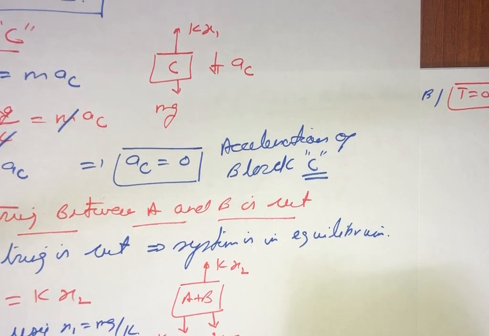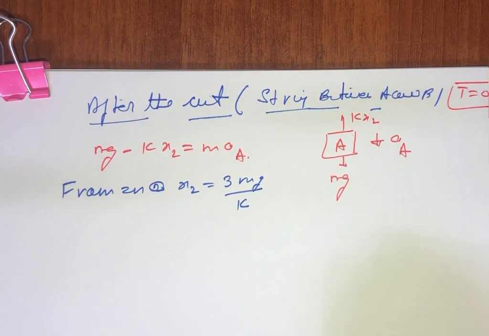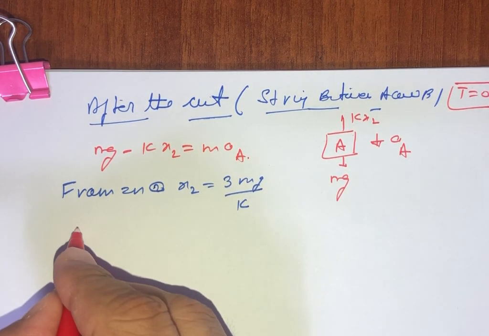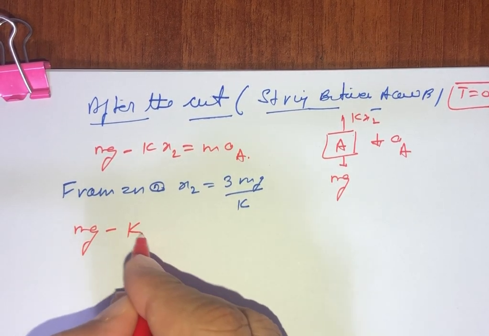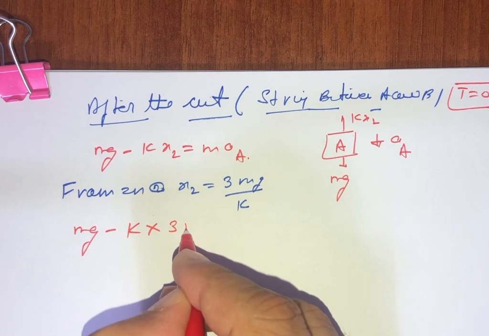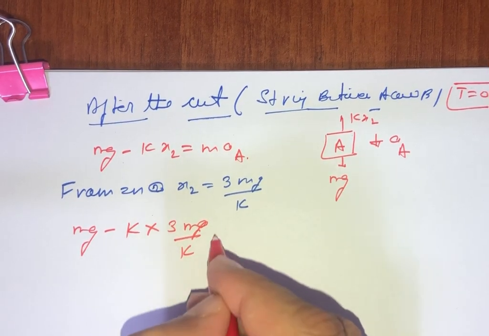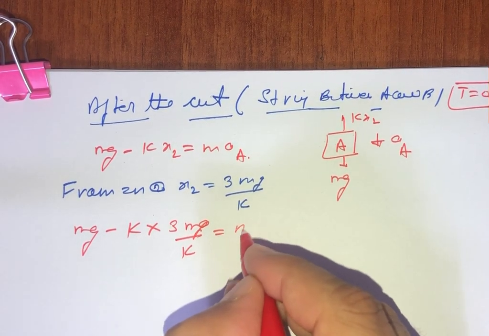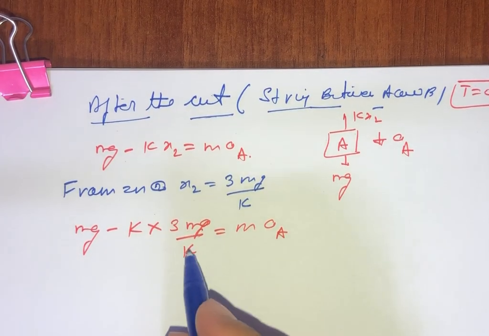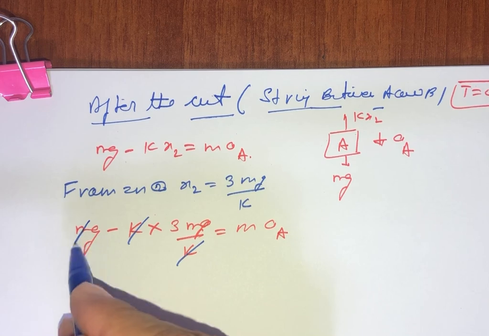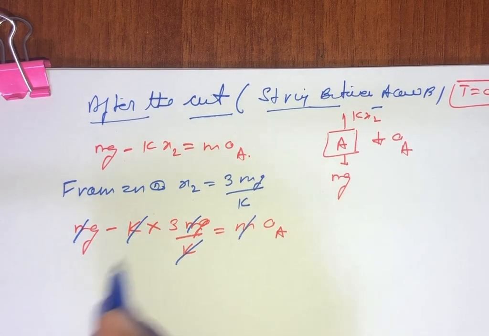So substituting this value, we get mg minus k into 3mg divided by k is equal to mass into acceleration of A. Now k cancels with k and m cancels out entirely.